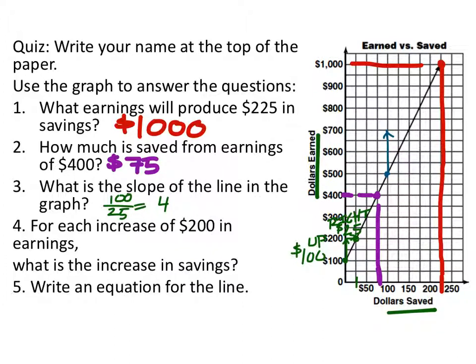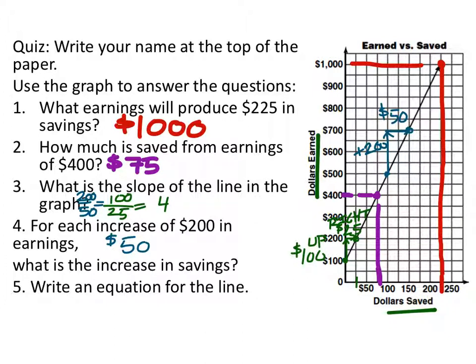So that's from $500 to $700. Well, how far does that take me over here to this line? That appears to be $50. So for every $200 of earnings, you would expect $50 in savings. And it's kind of a scaled version of the slope that we have over there also.